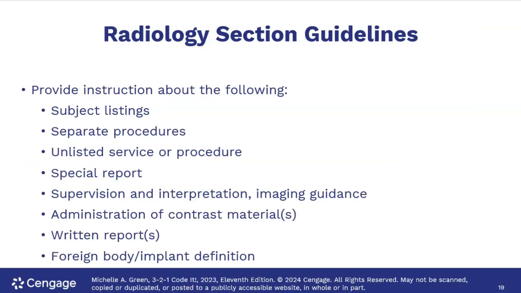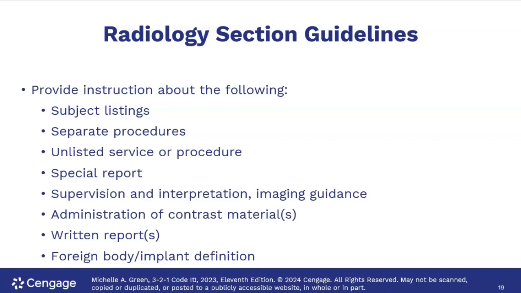All right, radiology section guidelines. They provide instruction about the following. Okay, the subject listings, separate procedures. Once again, if it says separate procedures, was there a bigger procedure this could be a part of? It all goes into the bundling and unbundling.